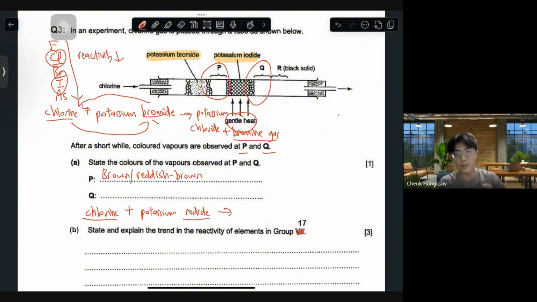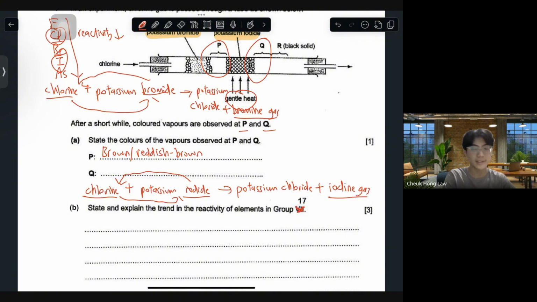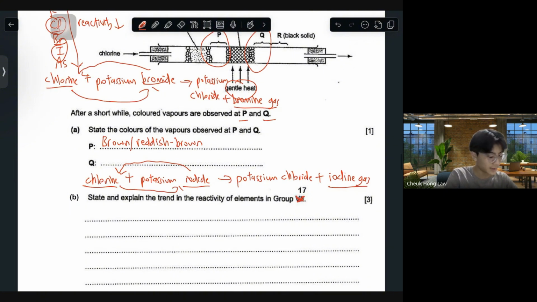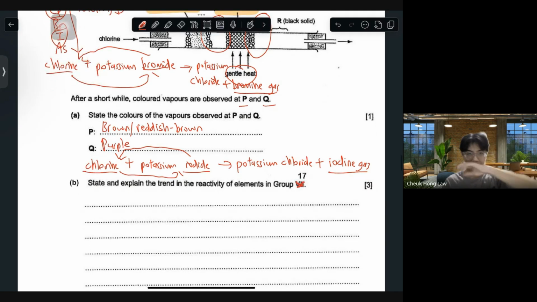So chlorine is more reactive than iodine, so it can also displace your iodide ions to form potassium chloride plus iodine gas. Why is it a gas again? Because there's heating involved. So what is the color of iodine gas? It is purple. Okay, iodine gas is purple.